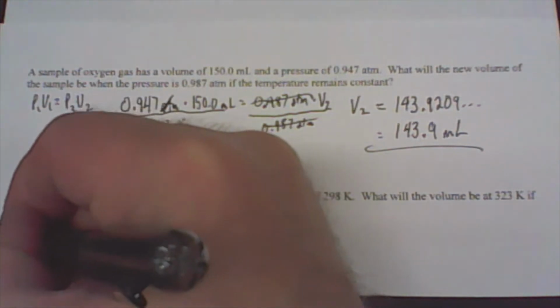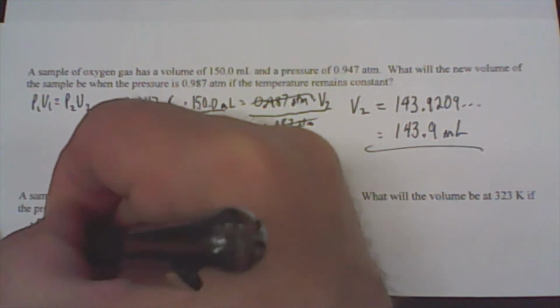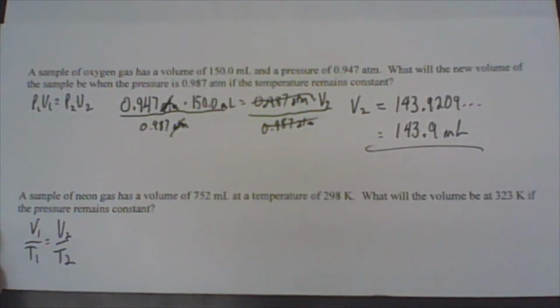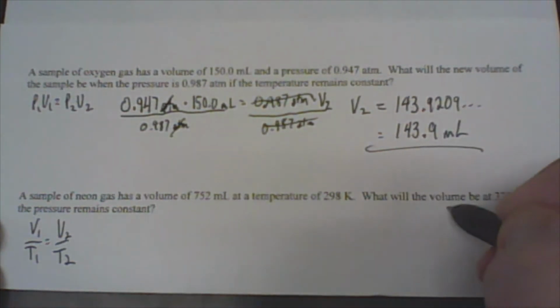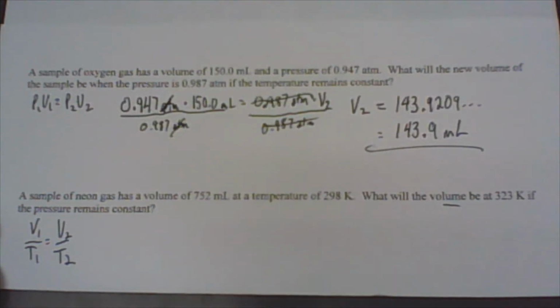That's V1 over T1 equals V2 over T2. Again, I can rearrange this ahead of time if I know what I'm looking for. I'm looking for volume, so I could rearrange it so volume 2 was by itself first, and then fill in my numbers, or I can fill in my numbers afterwards. It doesn't really matter.